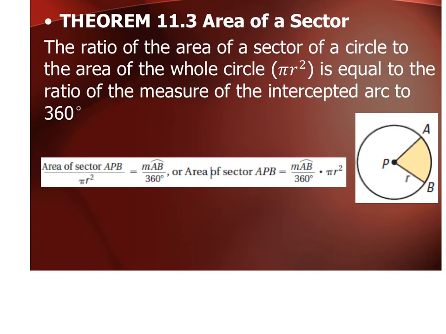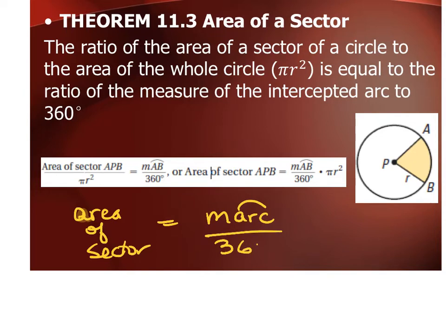So if you want to just memorize the generic form of this, the area of the sector could be found by taking the measure of the arc over 360 times the area formula for the whole circle, which is pi r squared. So remember, a sector is only part of the circle. It's not the entire circle. Again, it would be like the area of a piece of pizza.